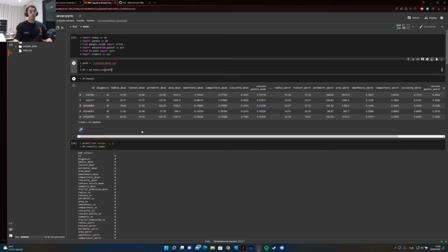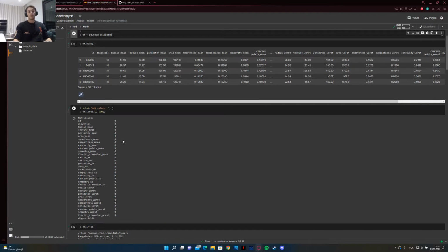This data was all about breast cancer and how you can predict if the tumor is good behaved or bad behaved. M stands for cancerous tumor, which is bad, and B stands for not cancer.